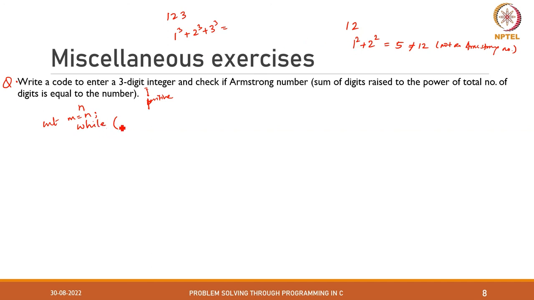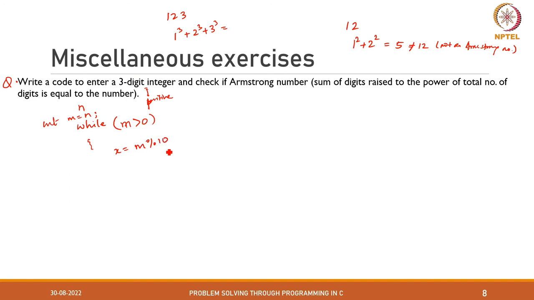While using the while loop, it will change the value of the variable, so we prefer not using the same variable. So while m is greater than 0, I need to extract each of the digits, and I need to perform a cubic power, because it's a 3-digit number.